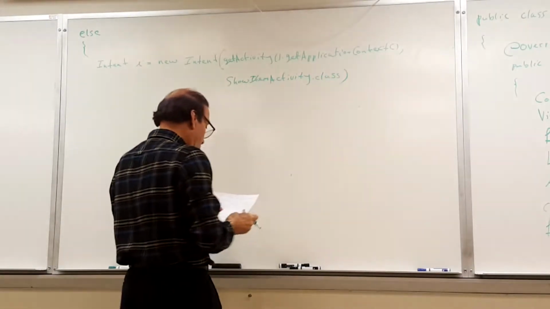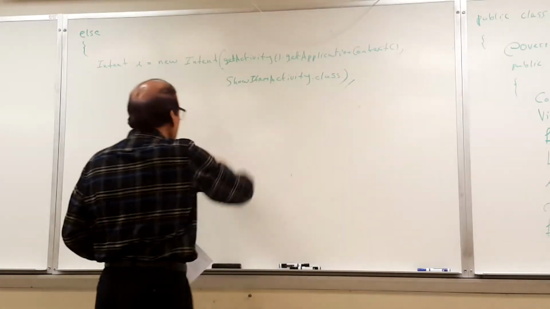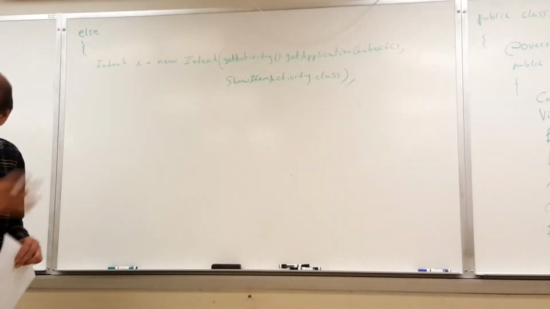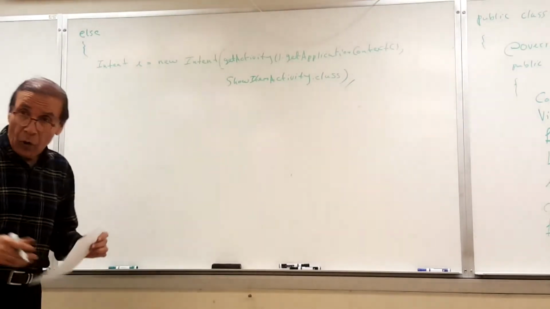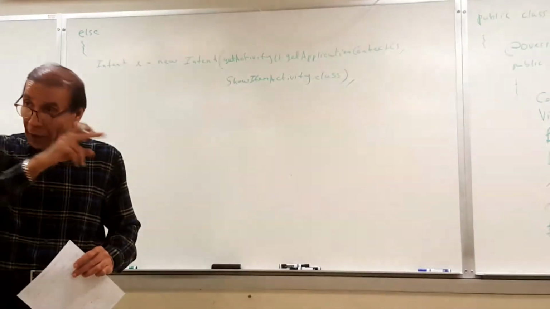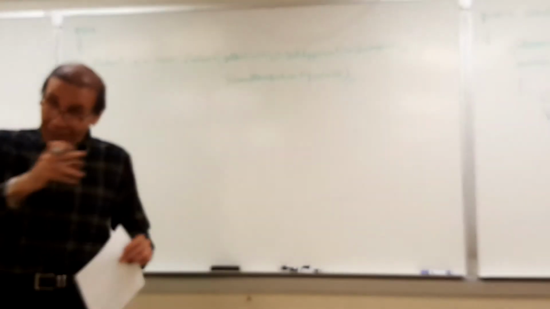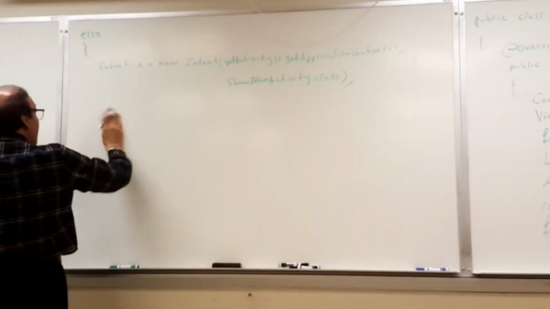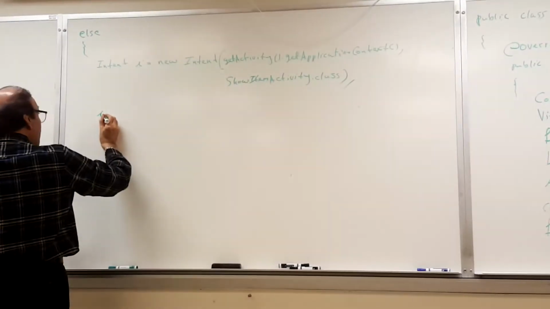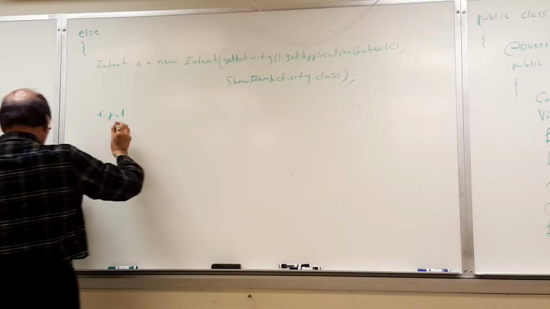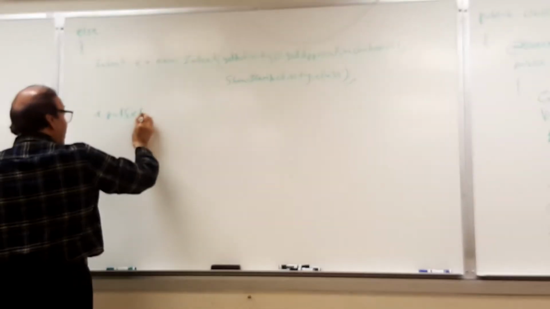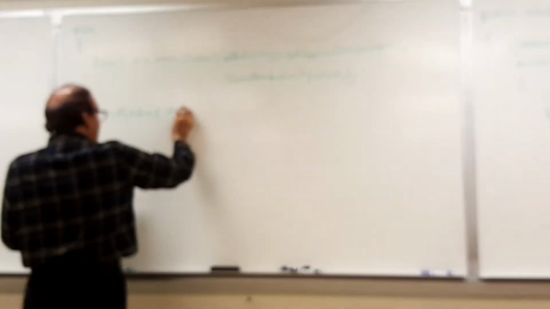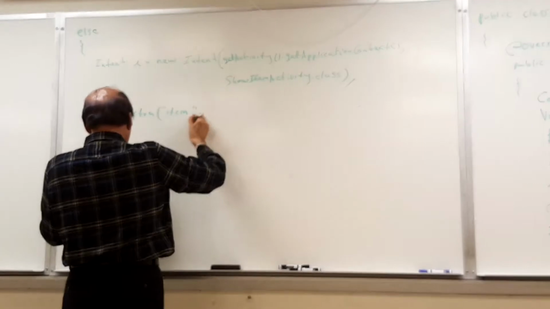Okay, so this creates a new intent, right? It means you're calling that program, and now we need to transfer data to that program, because it's another program, right? So you're going to use i dot putExtra, item, comma.